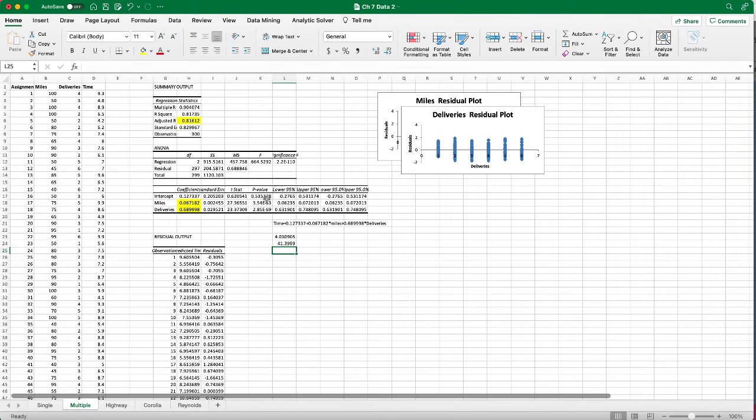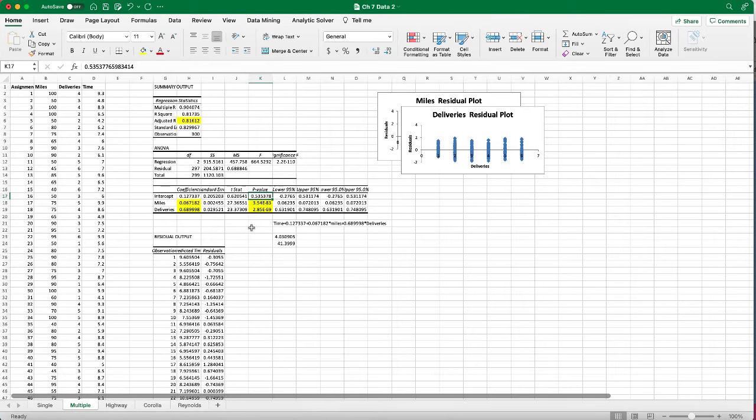We can also see the p-values for miles and deliveries. For the intercept, it doesn't matter that much, but you want to look at the p-value for the independent variables, miles and deliveries. Again, the p-value tells you whether the independent variable matters, that is to say whether the independent variable is a significant predictor of y. We typically look for a p-value that is smaller, the better.